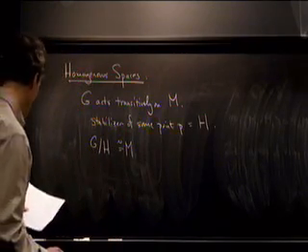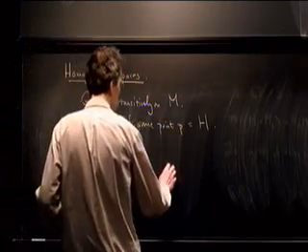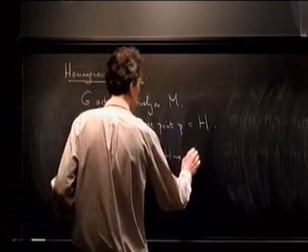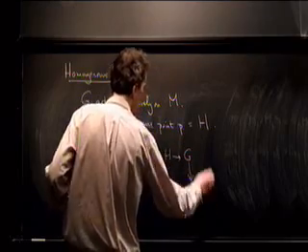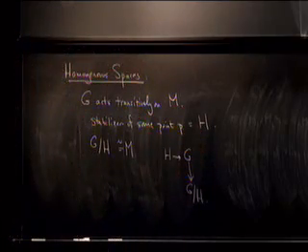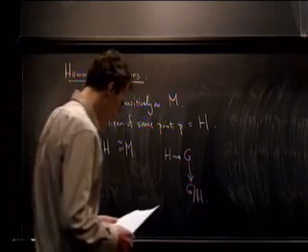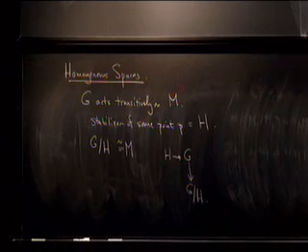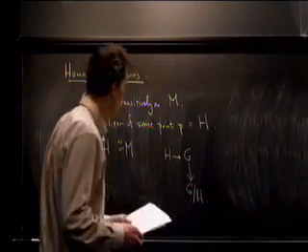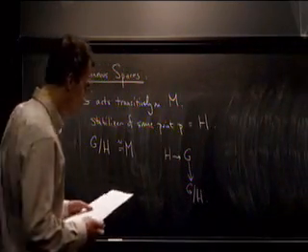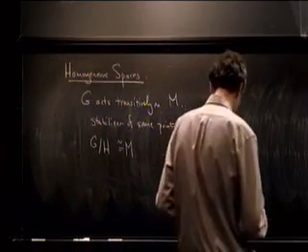In fact, what we get is a principal H bundle with total space G over the set of left cosets G mod H. There's an exercise here that guides you through proving that using definition B of a principal bundle that we discussed last time.